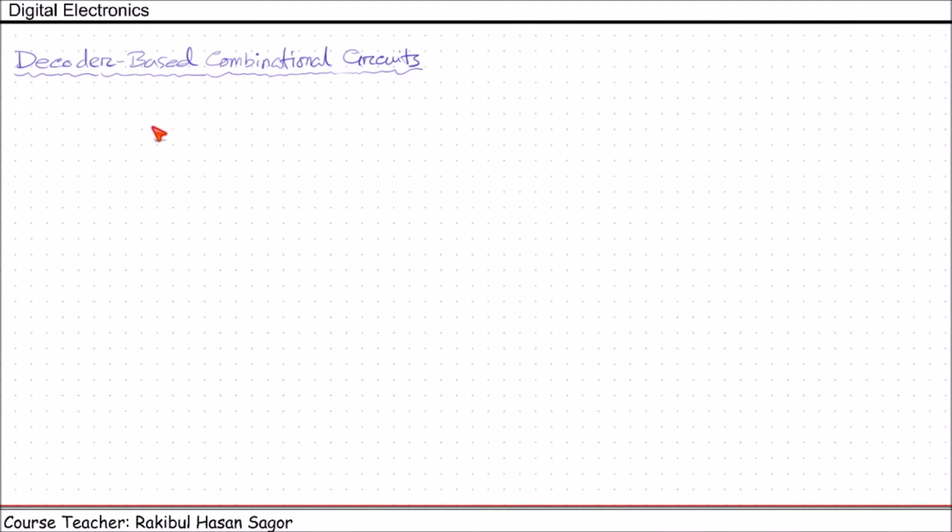So the procedure is very simple. First of all, we need to express the function in sum of minterms form, then check the number of inputs, then use the decoder which has that number of inputs. Let me show you an example.